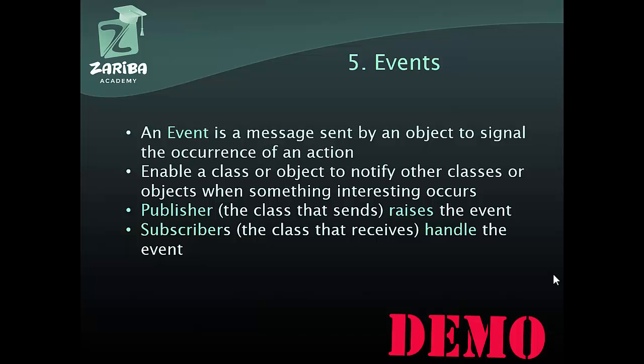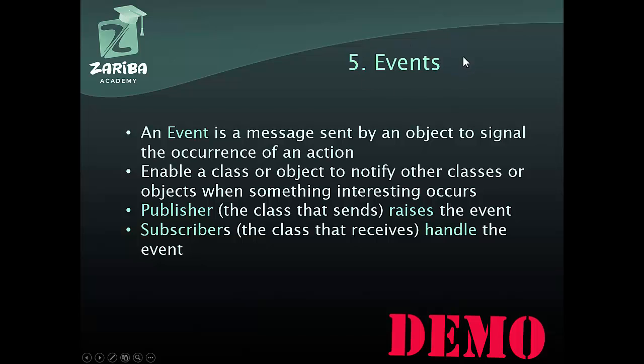An event is a message sent by an object to signal the occurrence of an action. Let's say that some value has changed, and if the value changes, you would like to invoke some methods or something like that. So this is what an event is, okay? Just by the simple translation of the word.